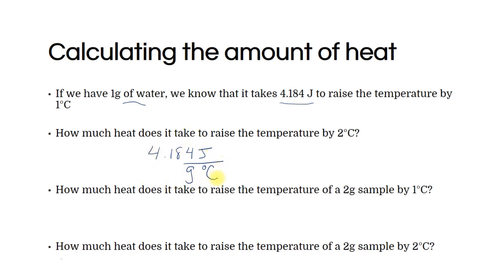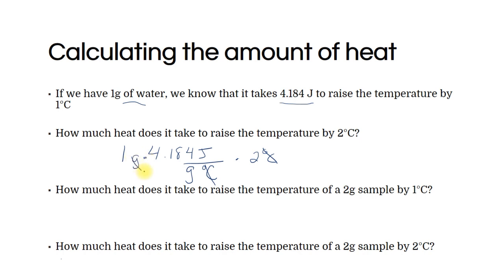That again is just a measurement of how much energy water can absorb when you consider mass and how much temperature change happens. So if our temperature change was 2 degrees instead of 1, it's that same number, but we're going to multiply by 2 degrees, right? Because that's going to cancel. We still have 1 gram, right?